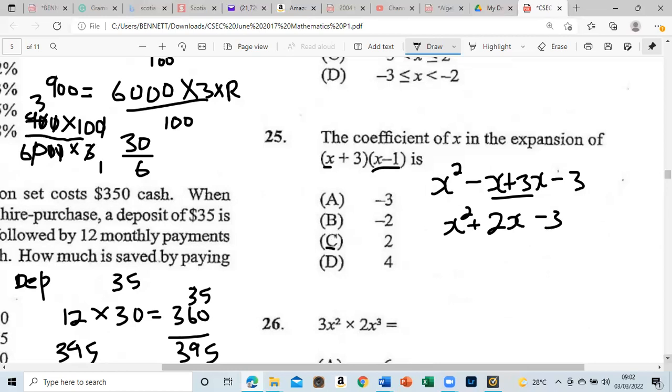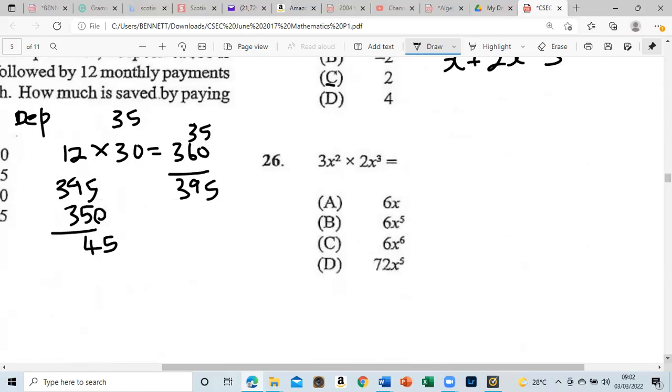Move on to 26. It says 3x squared times 2x to the third is equal to what?